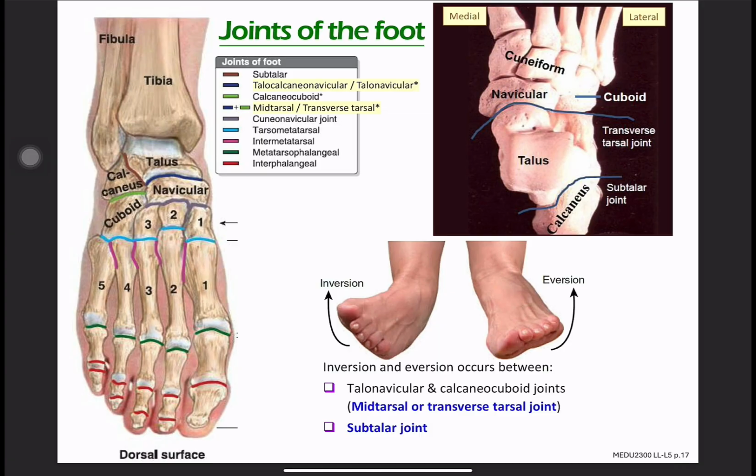However, it is always important to remember that the ankle joint only performs dorsiflexion and plantar flexion. Inversion and eversion of the foot occur at the subtalar joint as well as the transverse tarsal joint, not the ankle joint. This is a very common misconception. Bear in mind.